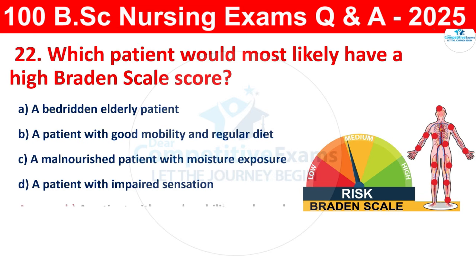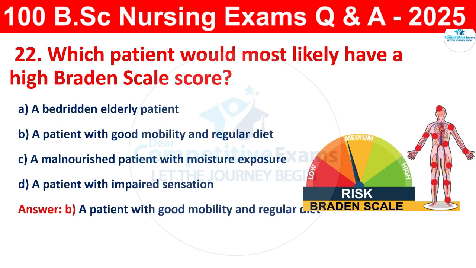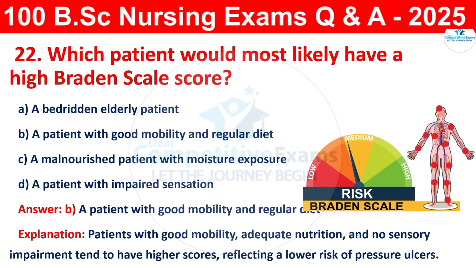The correct answer is B, that is a patient with good mobility and regular diet. Patients with good mobility, adequate nutrition, and no sensory impairment tend to have higher scores, reflecting a lower risk of pressure ulcers.